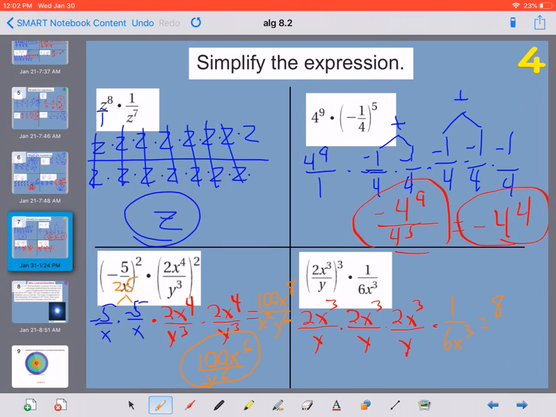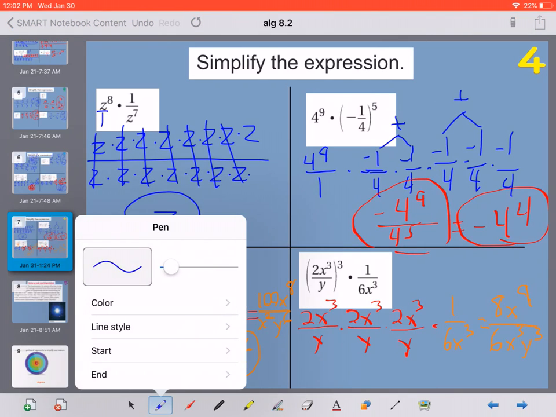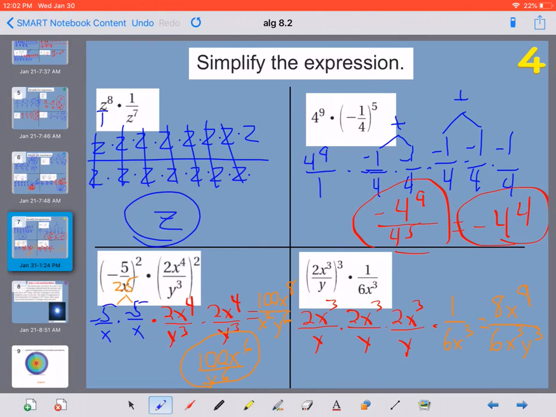X cubed 3 times, so x to the 9th, over 6x cubed y cubed. So we can simplify these then. I could see what goes into both 8 and 6, and that's 2. So it would make this 4 over 3. And then 9 minus 3, so I get x to the 6th on top and y cubed on bottom.